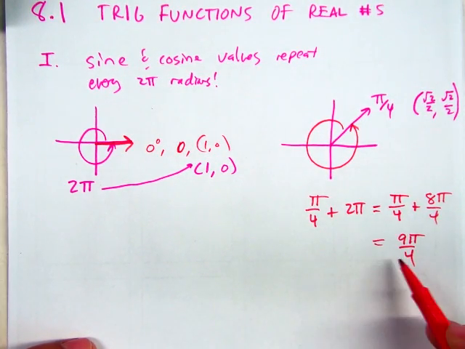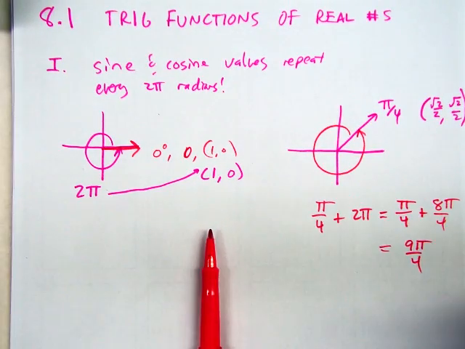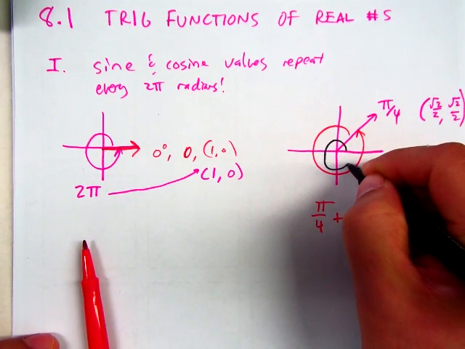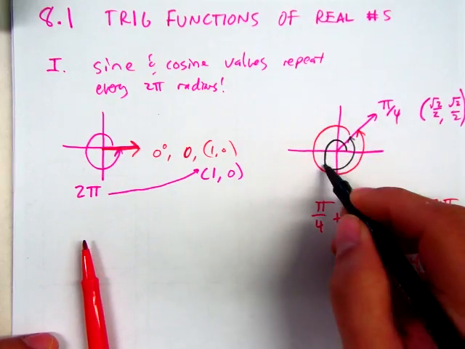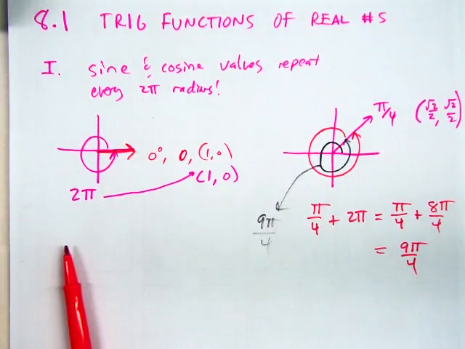So what this means is that if I were to go back to the beginning and go all the way around here, this black angle is 9 pi over 4. Oh, and it's fading away. Okay.